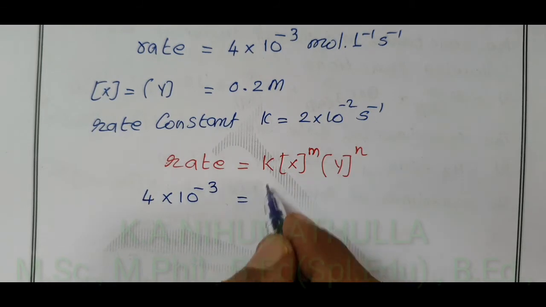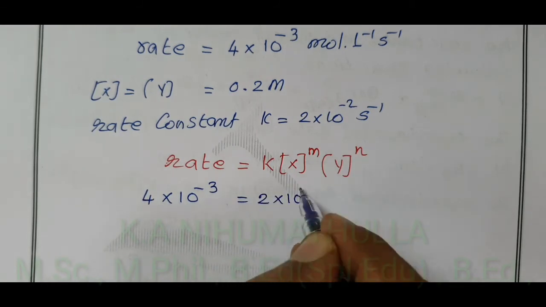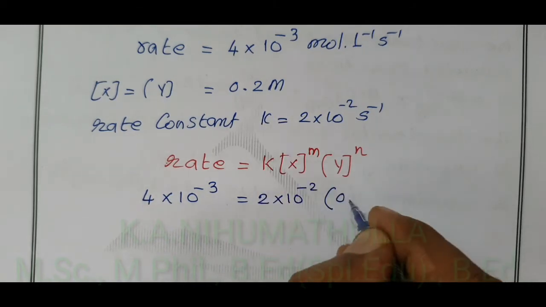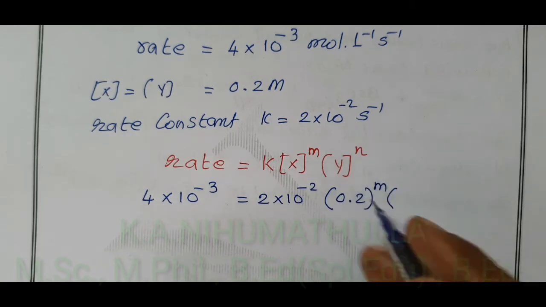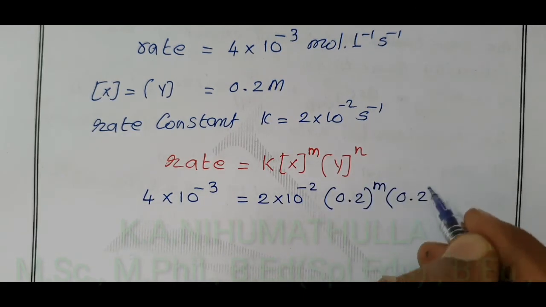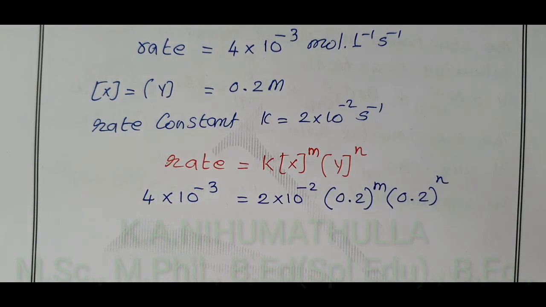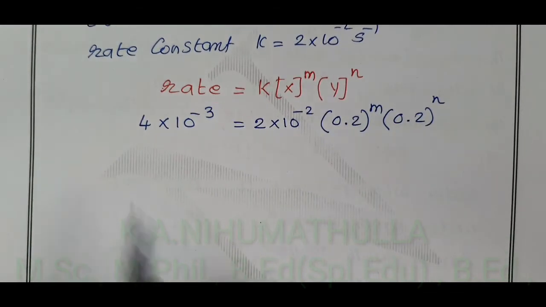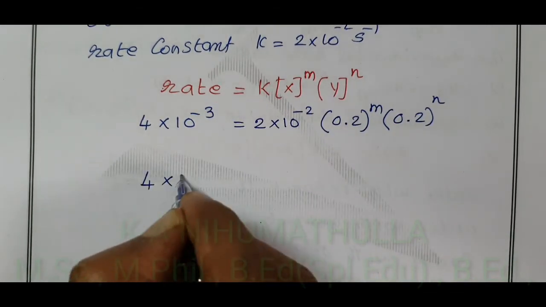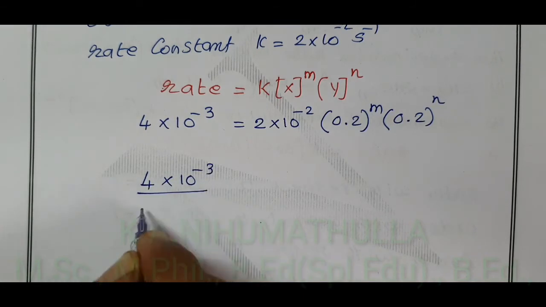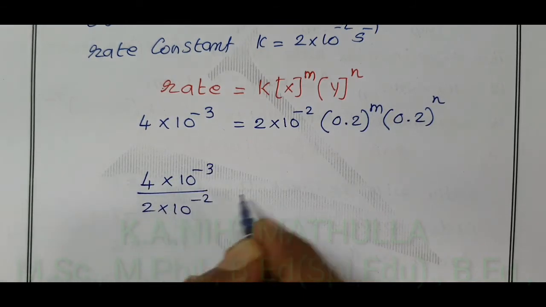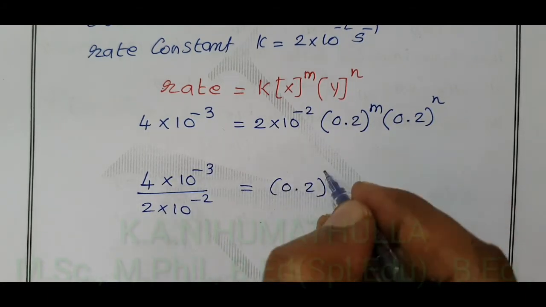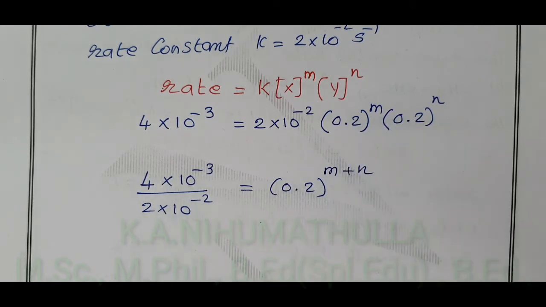Rate constant value is 2 into 10 power minus 2, into X value 0.2 power m, Y value also 0.2 power n. Bringing the 2 into 10 power minus 2 to the left hand side, 4 into 10 power minus 3 by 2 into 10 power minus 2 is equal to 0.2 power m plus n, since the bases are equal and we can add the powers.